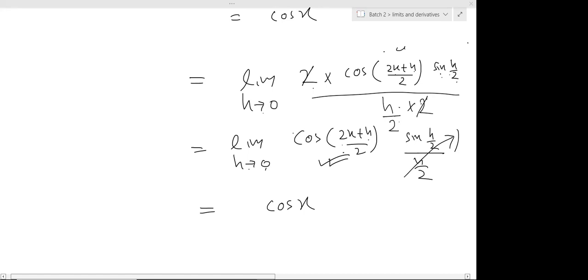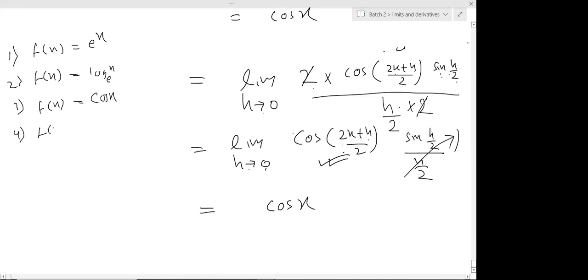And also, some questions for you to solve at home using first principle. f of x equals e raised to the power x. f of x equals log x. f of x equals cos x, and tan x.